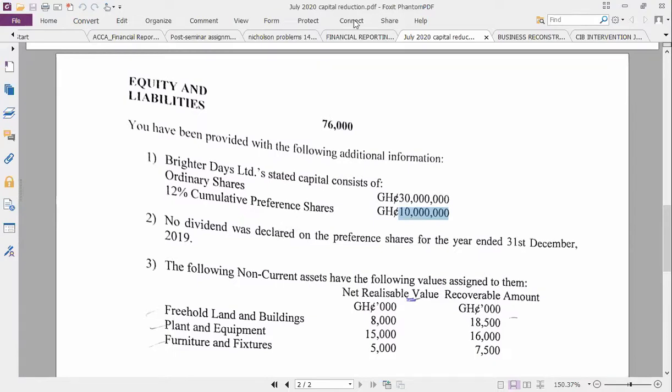Take note of that: whether you declared or not, you have to pay. It's fixed. It's not like ordinary dividend, which must be declared first before the liability starts. So that's 1,200. So it means that our total maximum loss should be 31,200. So that's the preferred dividend in arrears.